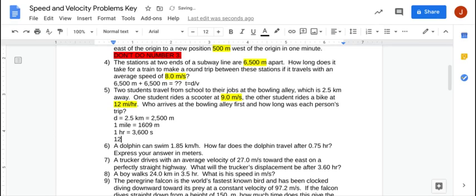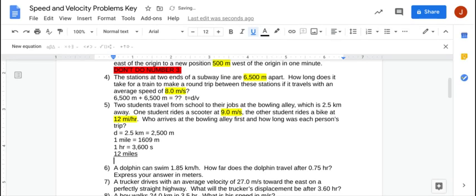So you're going to start with 12 miles over 1 hour. And then you multiply by our conversion factors.